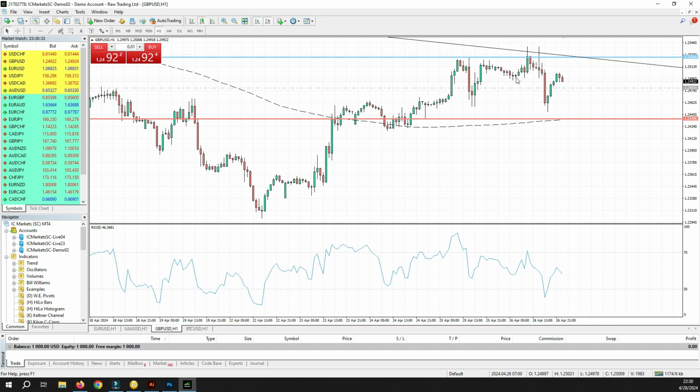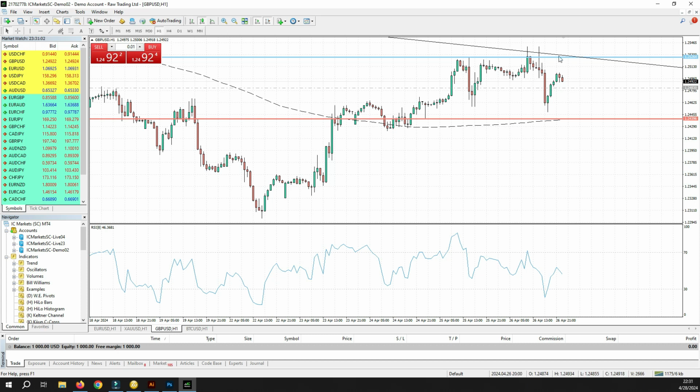The price stayed pretty high during Friday, then found rejection exactly on this level, the previous daily high, and then started to go down. At the same time, right now you can understand how you can benefit from combining these components, and they're really important.